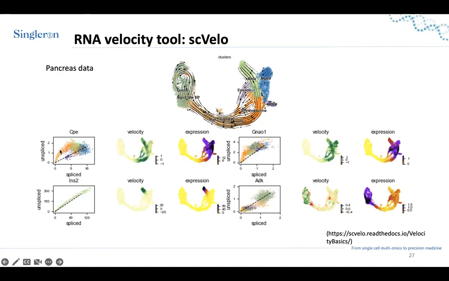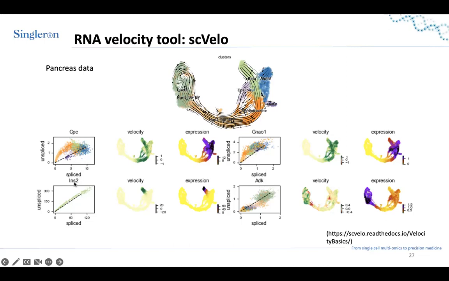Just to explain it in basic words, the more this curve is away from this straight line, the higher the RNA velocity is for that particular gene. So for this gene, the curve is very far from this line, then the RNA velocity is definitely high in this region.